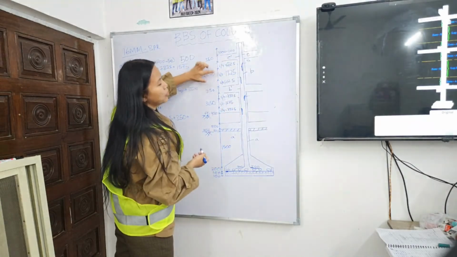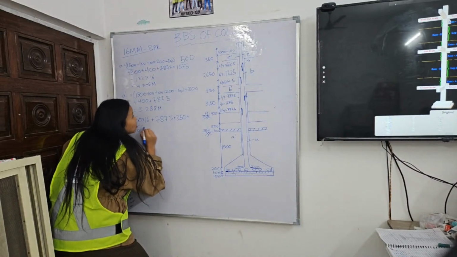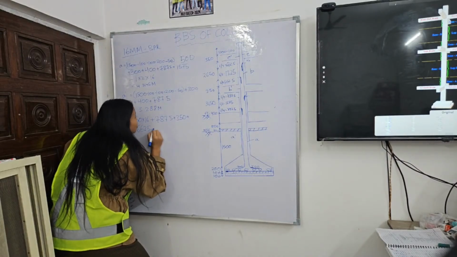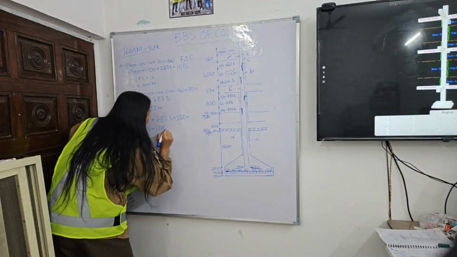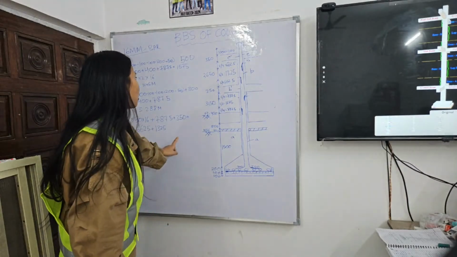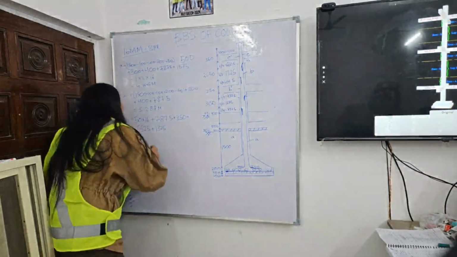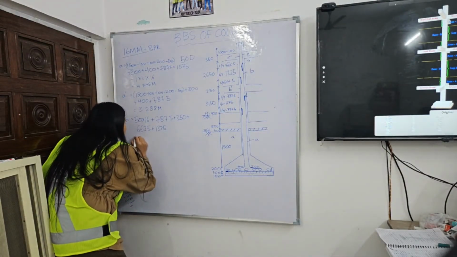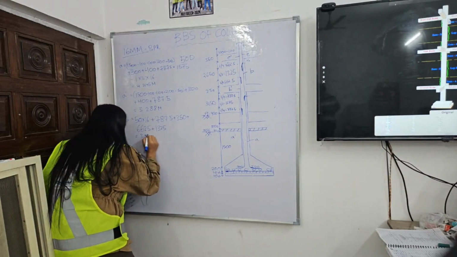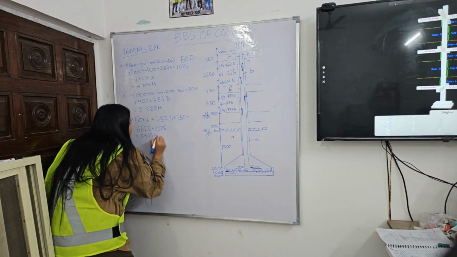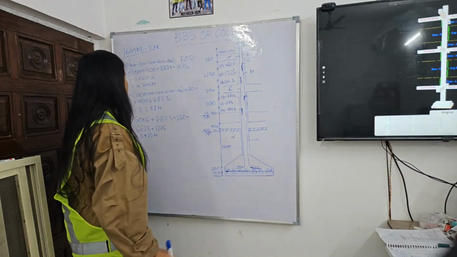So L by 4 and L by 2 will be added here. Here there is no bending, so we're not going to be adding bending value. For B dash.